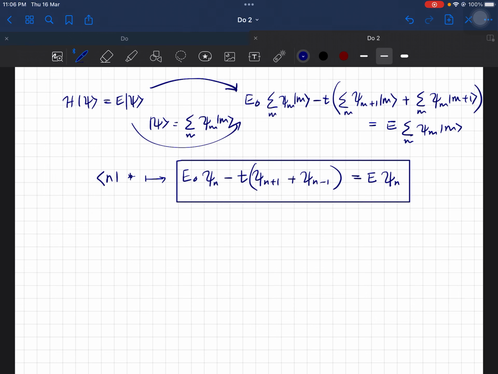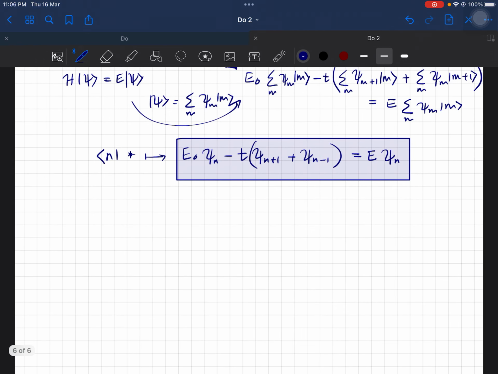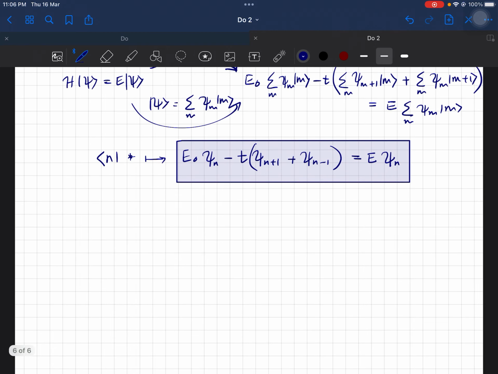So this is the linear equation. It's a linear equation in E and psi.